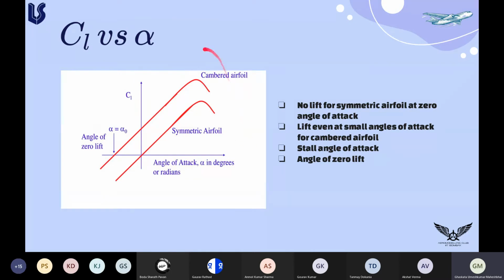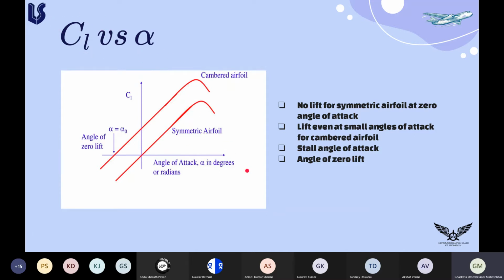For a cambered airfoil, there is some lift at zero angle of attack or a very small angle of attack, and the angle where the stall happens is called the stall angle. Okay, and also you can see that for this cambered airfoil, zero lift is generated at a negative angle of attack. So this is all about the CL versus alpha curve.